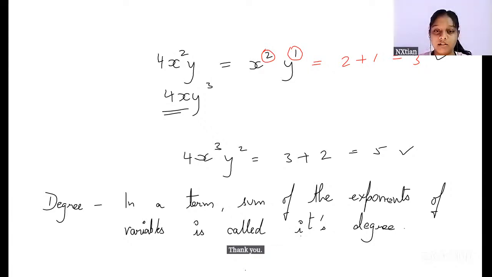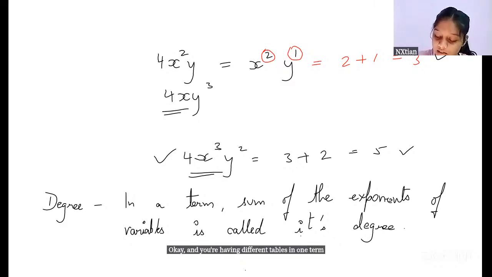Ma'am, I had one question. Yes. When you wrote 4x raised to the power of 3, how did y become raised to the power of 2? See, x and y in this one are two different variables. Okay, so different variables can have different powers. And you're having different variables in one term.